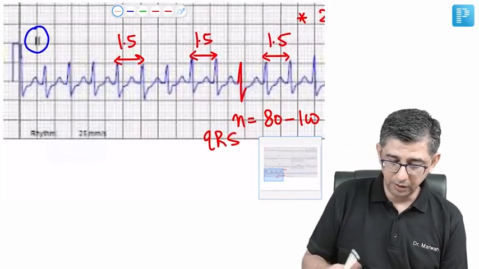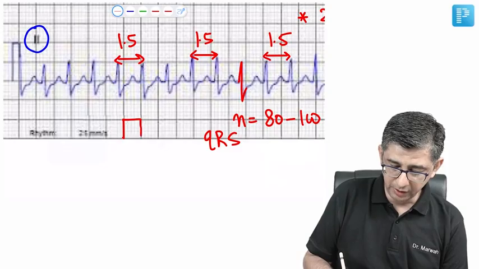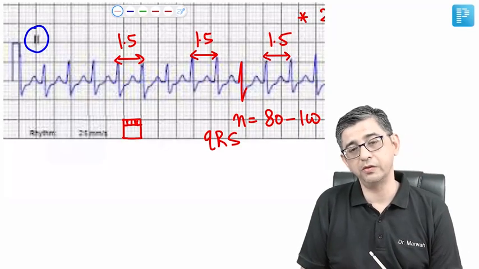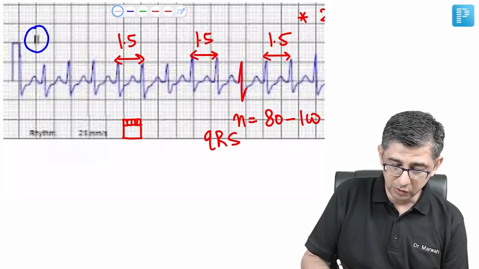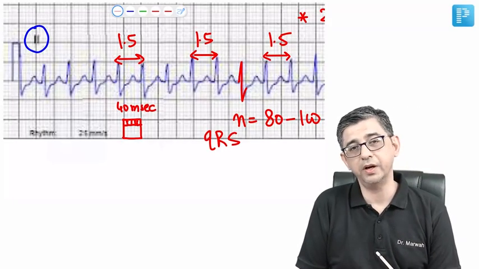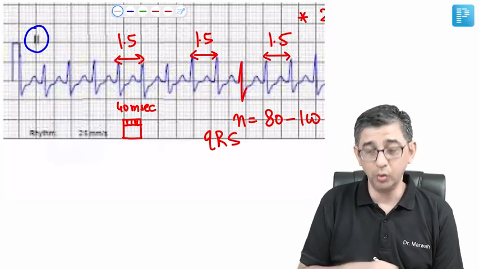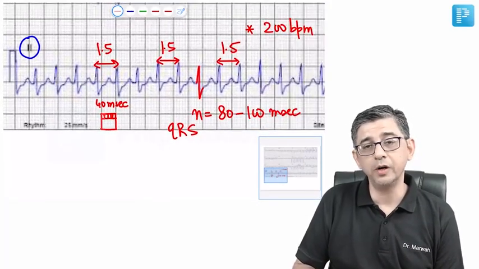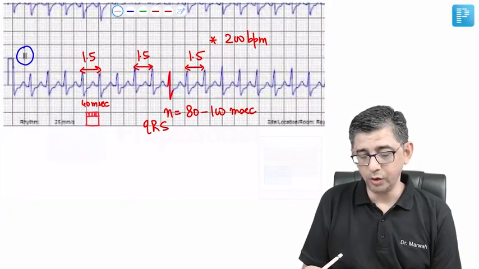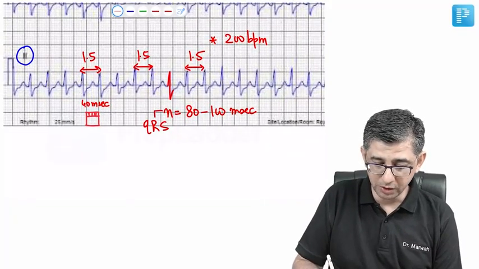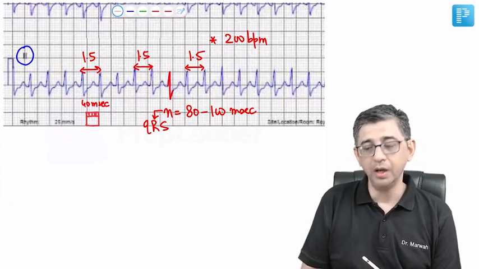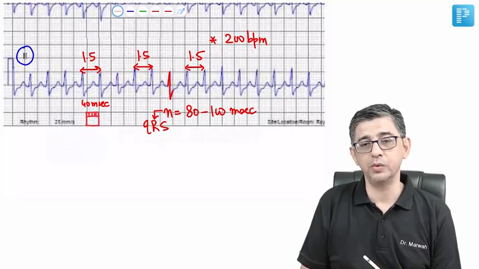One large square has approximately 5 small squares, and the duration of one small square in the ECG is about 40 milliseconds. I would not suggest you go into the decimal system, 0.04, 0.08, which is what people tend to remember. My suggestion is to remember these values for normal QRS duration in round figures, like I said, 80 to 100 milliseconds.